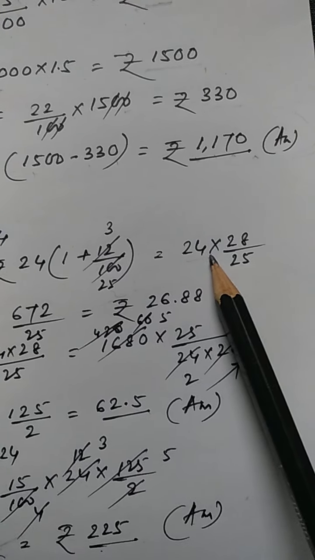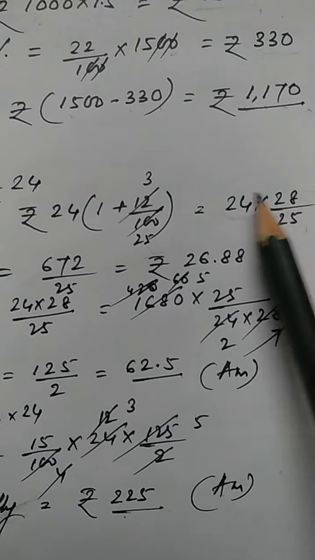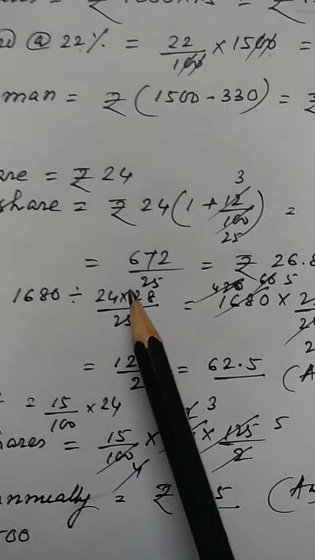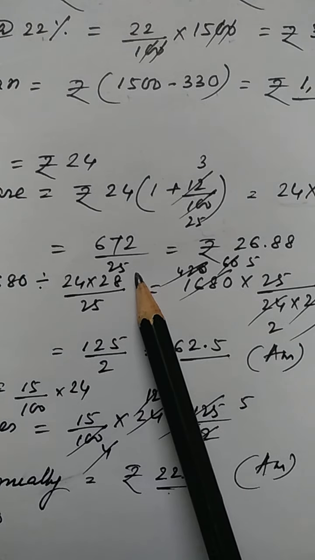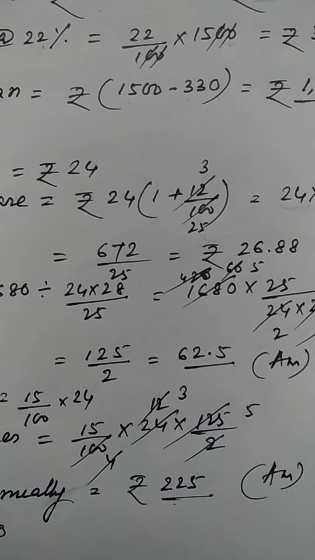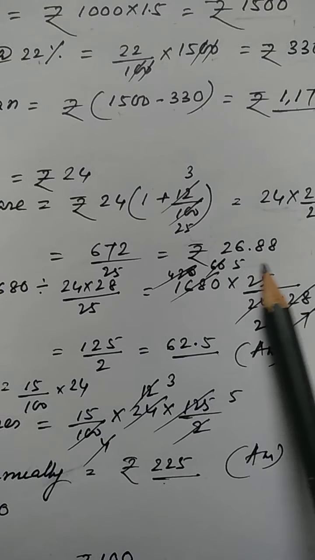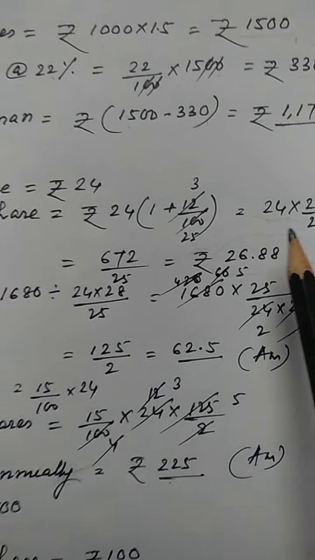So I write here 24 into 28 by 25, and the product of these two will be 672. So 672 by 25, doing divide, this is coming 26.88. So this will be the market value of each share, 26.88.